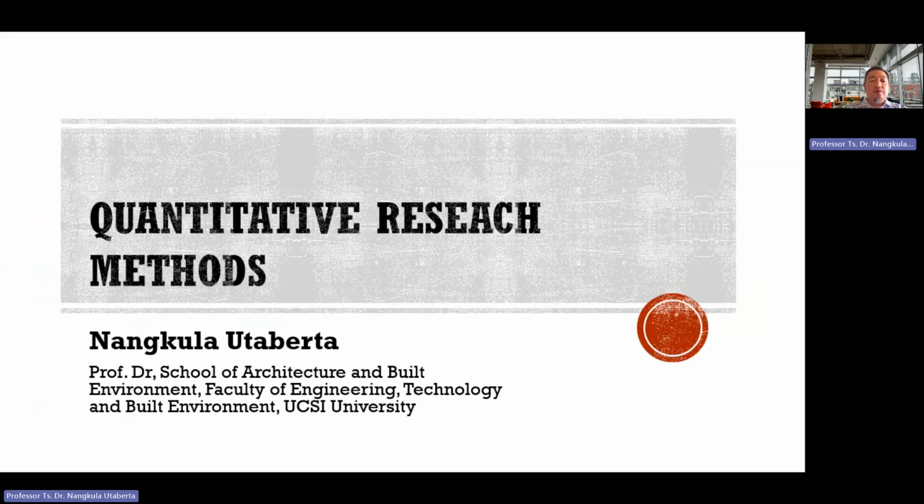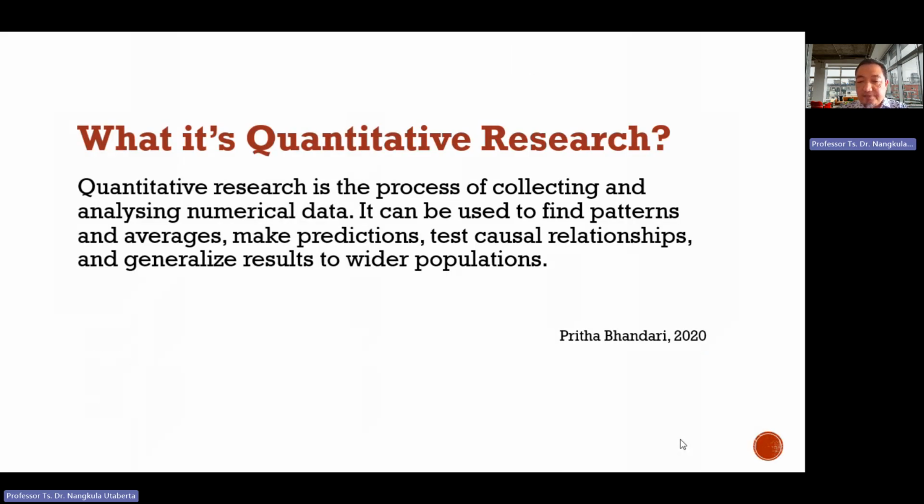Today we'll be discussing more about quantitative research methods. What is quantitative research methods? Quantitative research method is basically a process of collecting and analyzing numerical data. So when you are trying to quantify things, you are trying to find a pattern, average, prediction, causal relationships, or generalized results for wider populations.